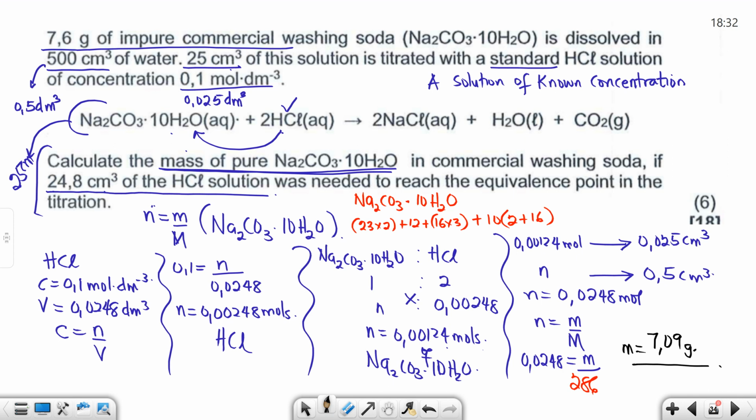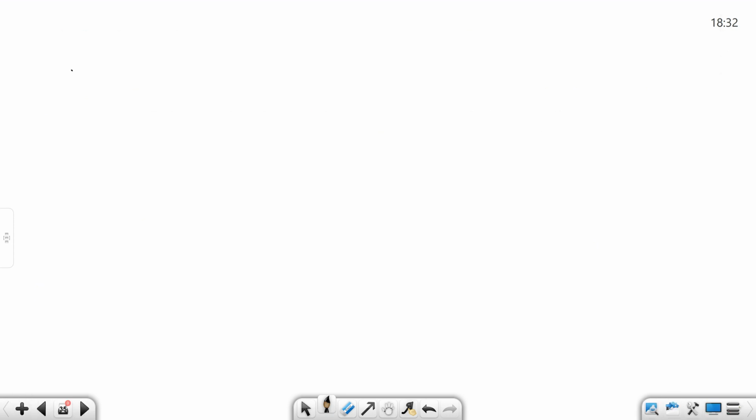6 marks. And what they can do now is to calculate percentage purity here. If I want percentage purity, what would it be? Mass of pure over total sample. Take a picture.